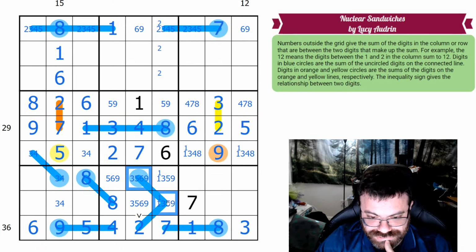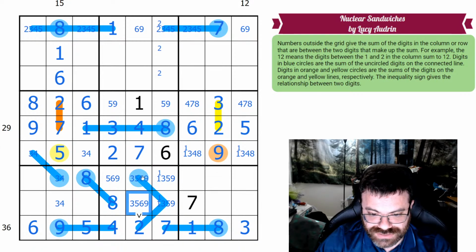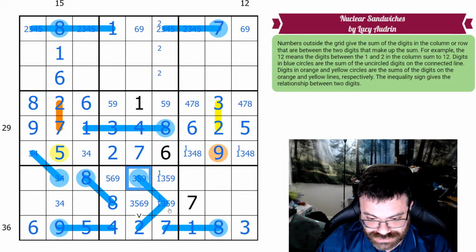So how are we actually going to do this? 2 plus 1 is 3. 2 plus 3 is 5. This can't be even. This can't be 9. So this can't be 5. So it's 2 plus 1 is 3, or 2 plus 3 is 5. I'm not sure if I can resolve that yet.